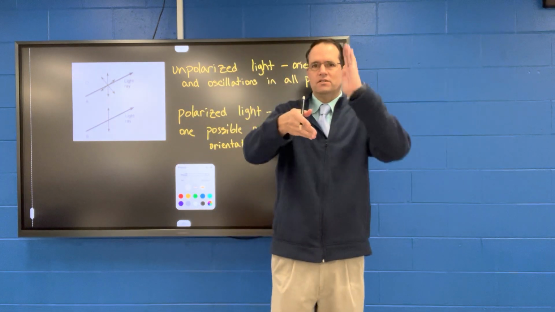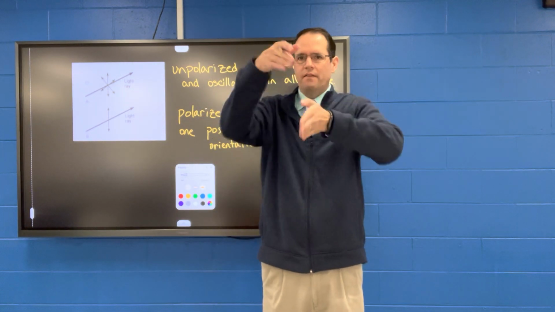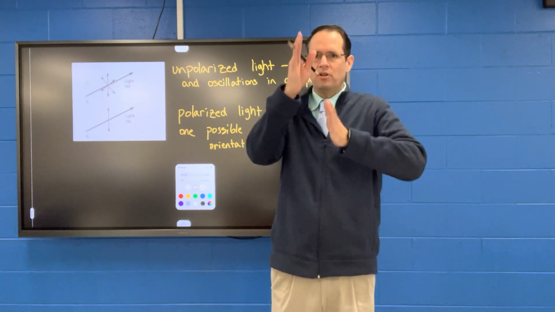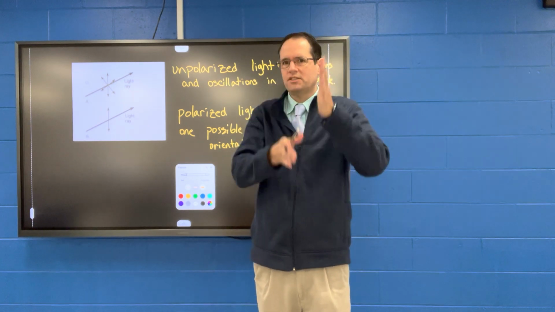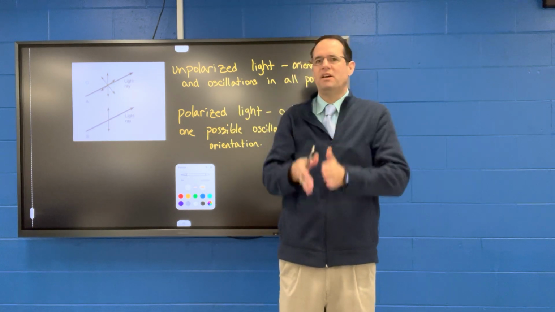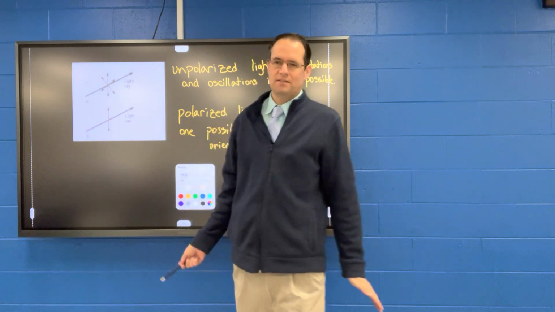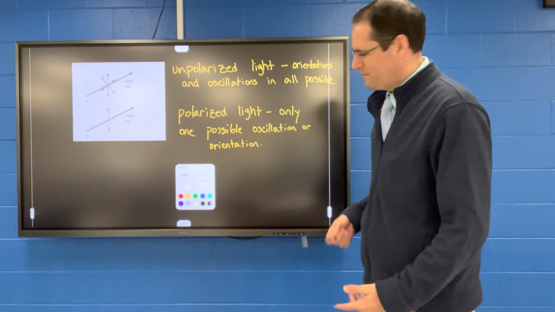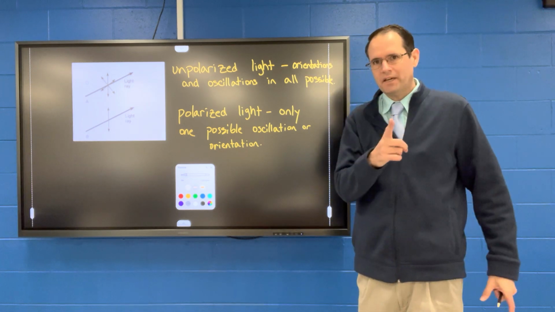So one light is this way, another part of the light is this way, and they're all many different beams of light that are coming from the sun, for example, all oscillating in the vertical fashion only. You don't have any in the horizontal or any other angles, just the up and the down. So that's vertically polarized light. This represents polarized light because you only have one of the oscillations.